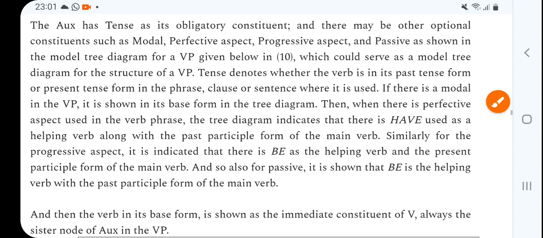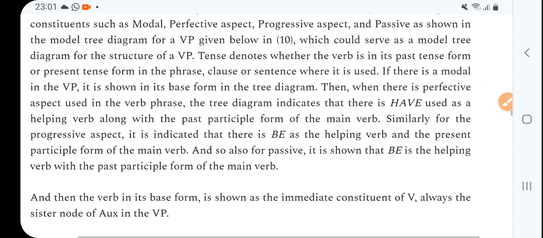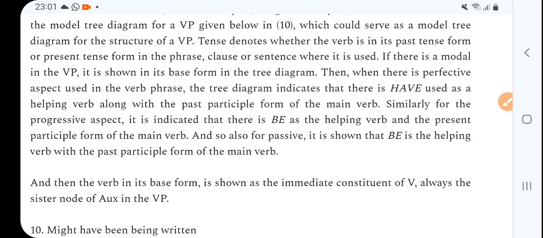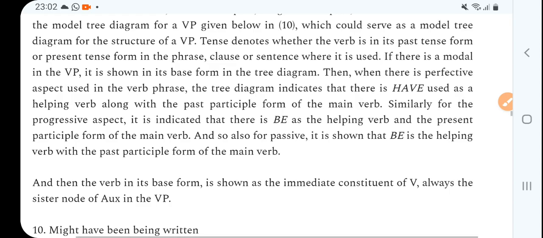So these are optional, as shown in the model tree diagram for VP given in sentence 10, which is not being opened, which could serve as a model tree diagram for the structure of VP.